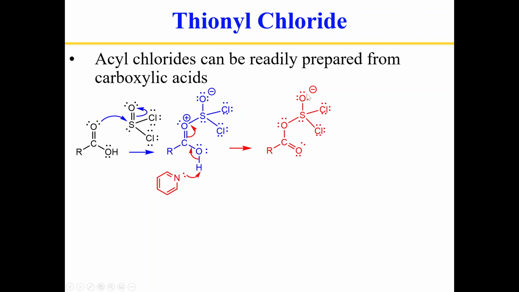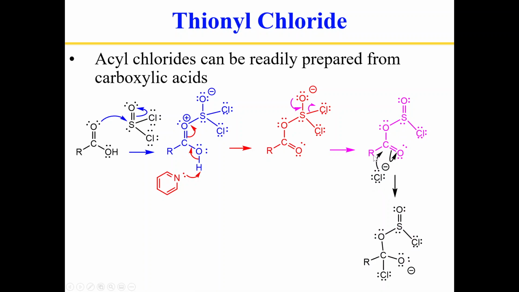Now this negative formal charge on the oxygen is not pleased. Highly concentrated negative charges on oxygen are usually a point of significant instability. So that's going to collapse back down again and bump off a chloride ion. And we end up with a slightly happier complex right here.